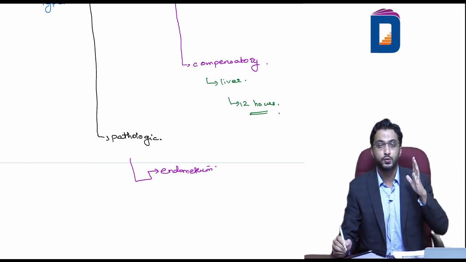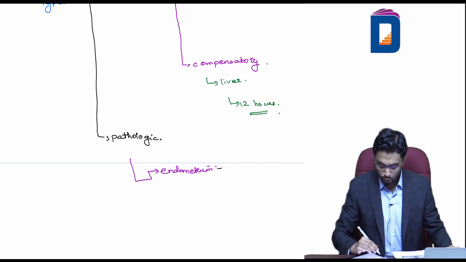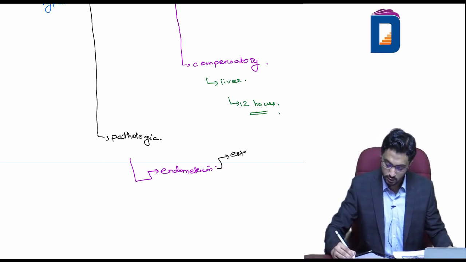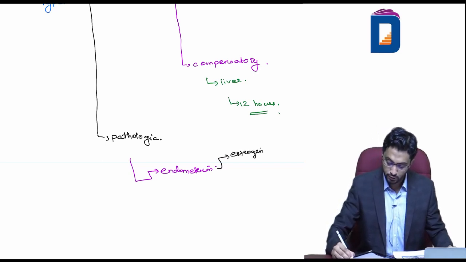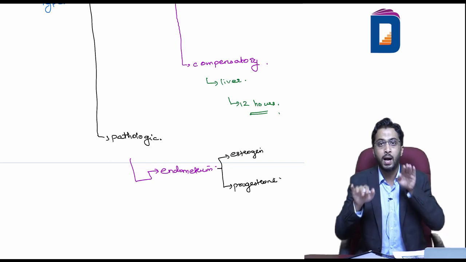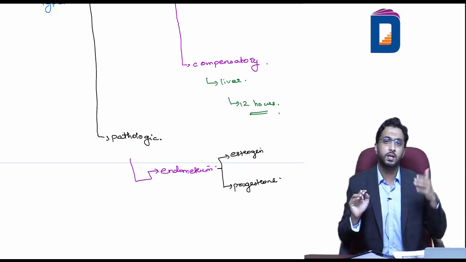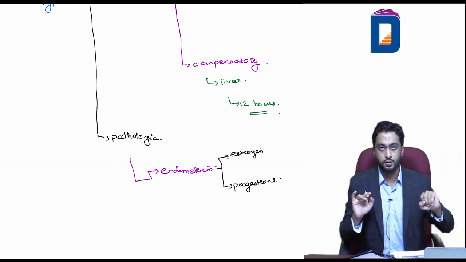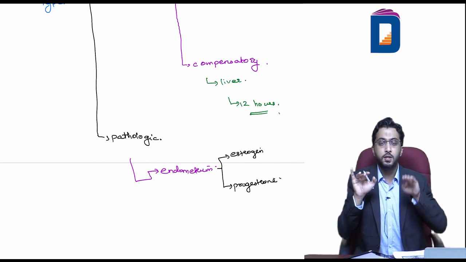This proliferation is usually controlled by two hormones, estrogen and progesterone. The proliferation is balanced by these two hormones. We'll study this in more detail as we go on in physiology.